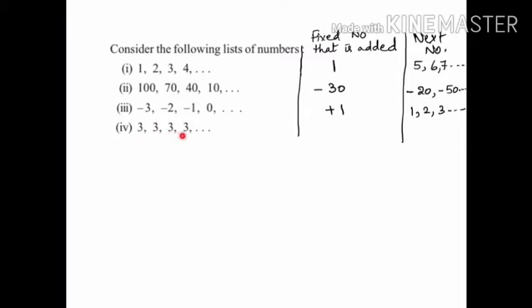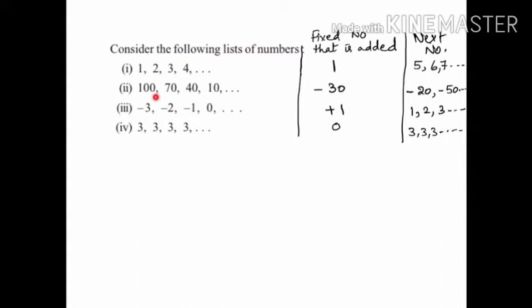In the fourth list, to get the second number we add nothing, to get the third number we add nothing. In other words, we are adding 0. So the fixed number here is 0, and what should be the next number in this list? 3, 3, and so on.